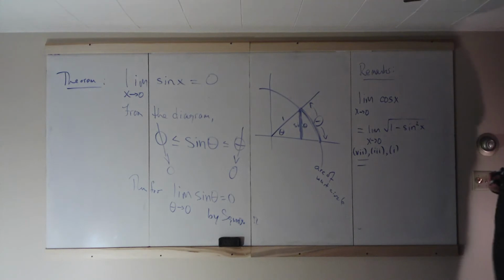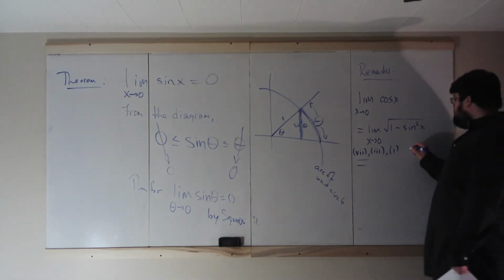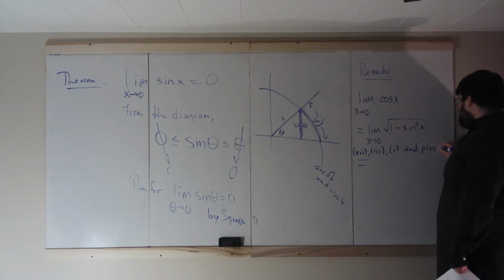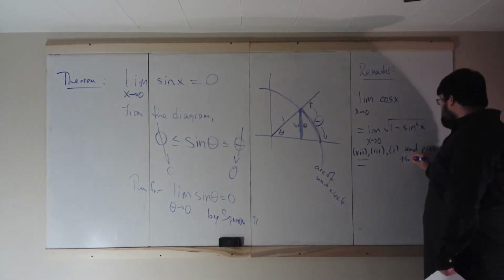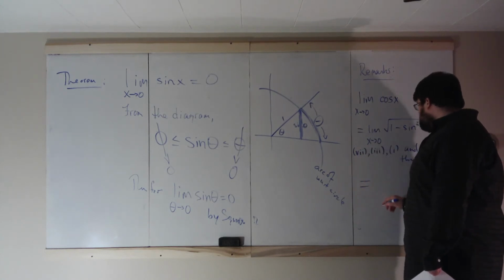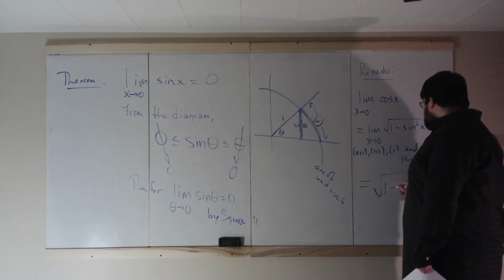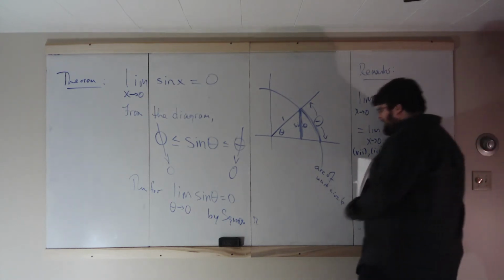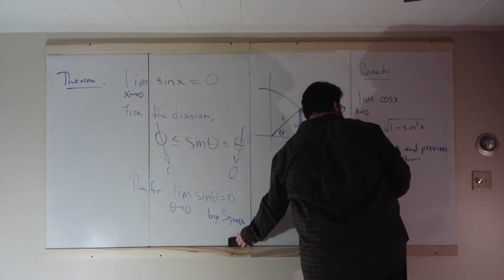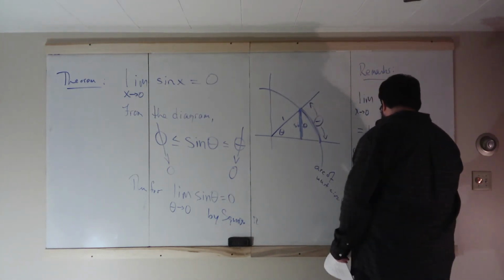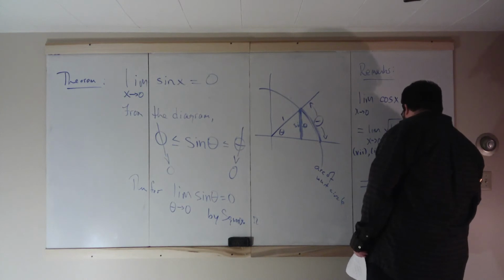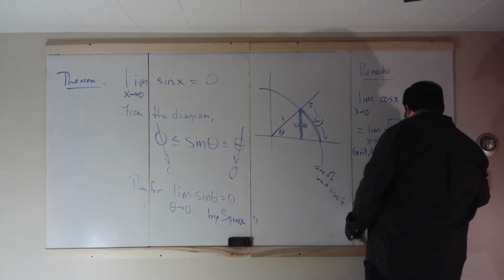So by limit laws 7, 3, 1, and the previous theorem, this all equals root 1 minus the limit as x approaches 0 of sine of x.